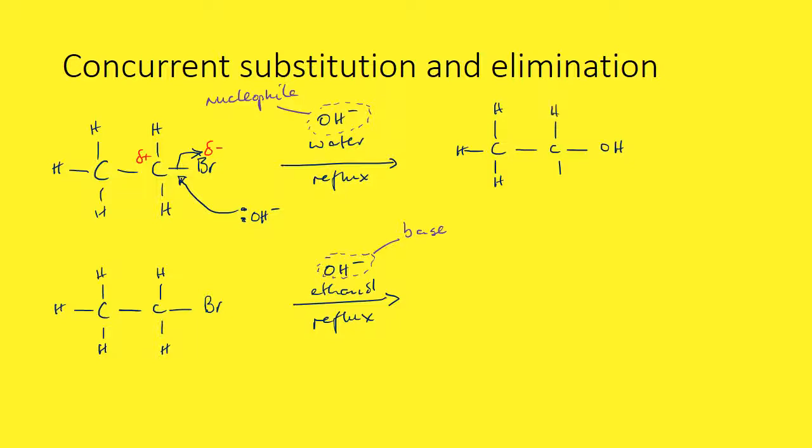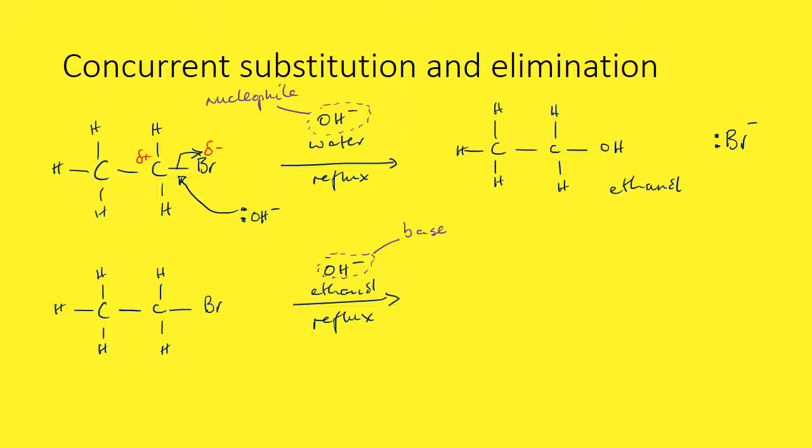Still got its 2 hydrogens, and the bromide has left. For completeness, let's give it its lone pair. So they're the 2 products we get. This is ethanol, and that's the substitution mechanism at the top because we had water as a solvent.